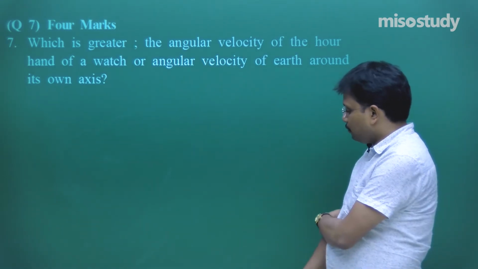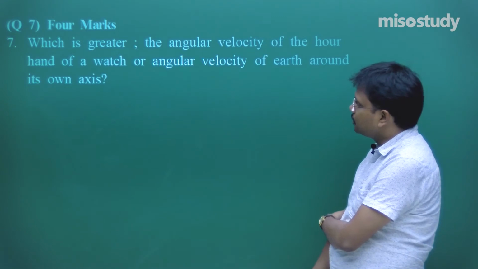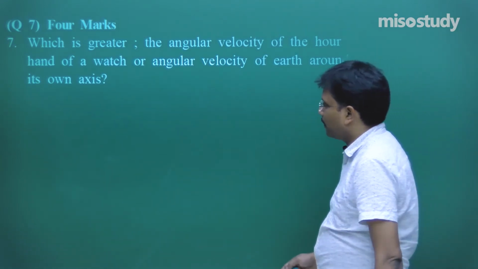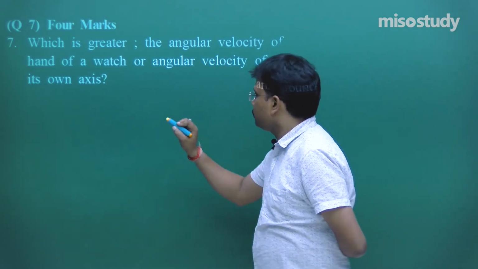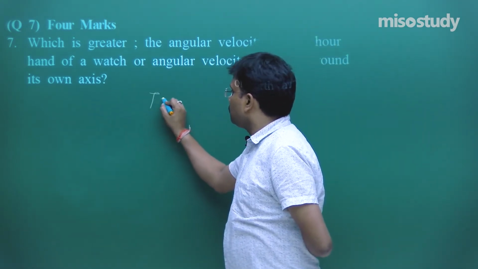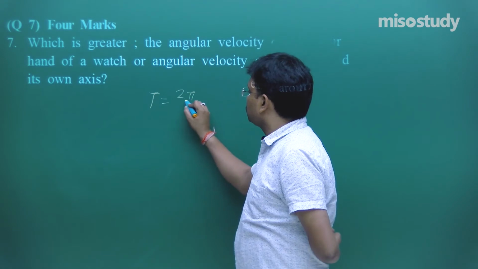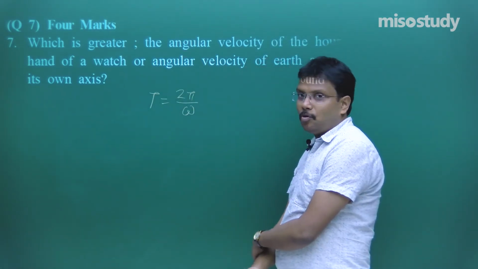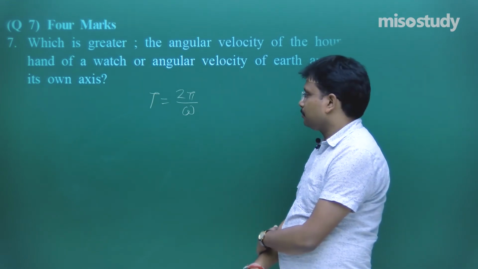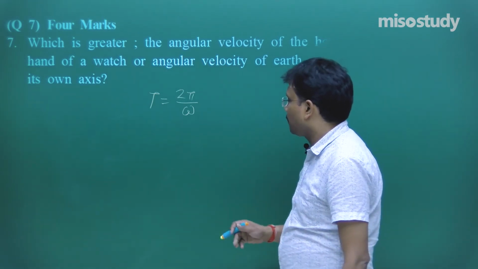So with this I would like to mention how I should start it. I should start it this way. Angular velocity of earth around its own axis. Now students, T is equal to 2 pi upon omega. I am sure you are all aware of this simple formula.